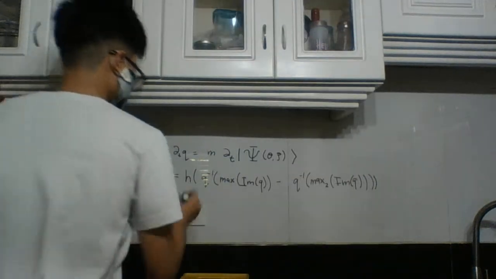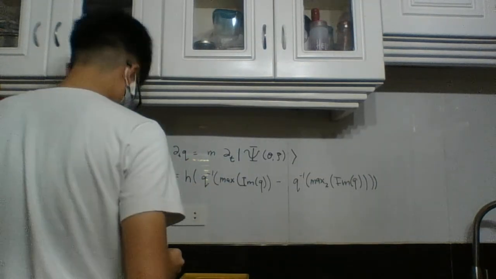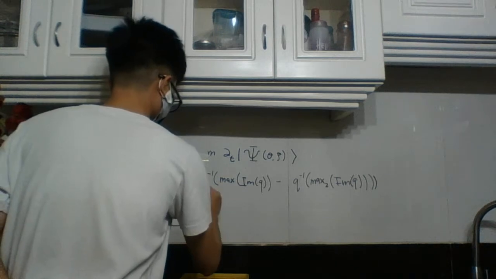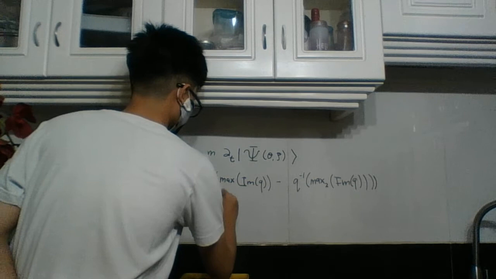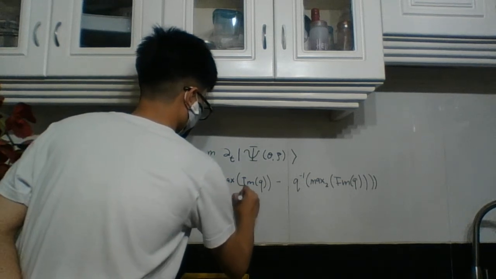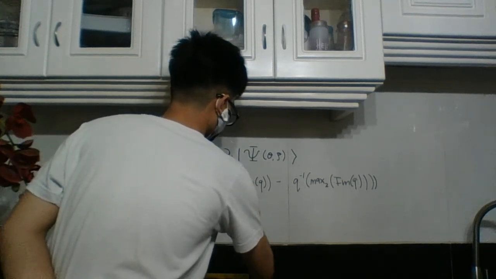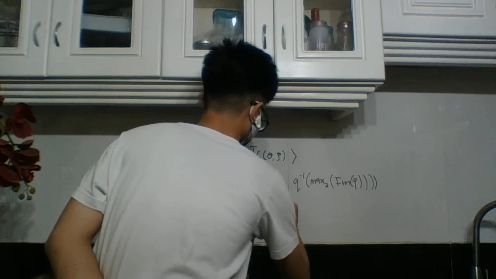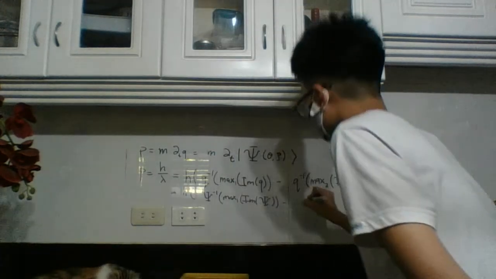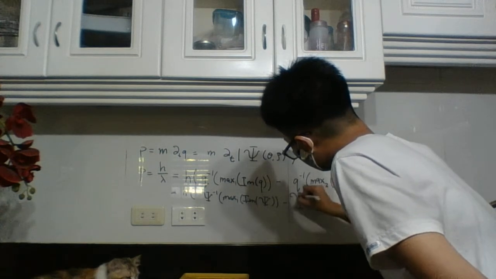Or if we quantize it like we said a while ago, h now is equal to psi to the minus 1 of the maximal value of the image, or max 1 of psi, minus another psi to the minus 1.